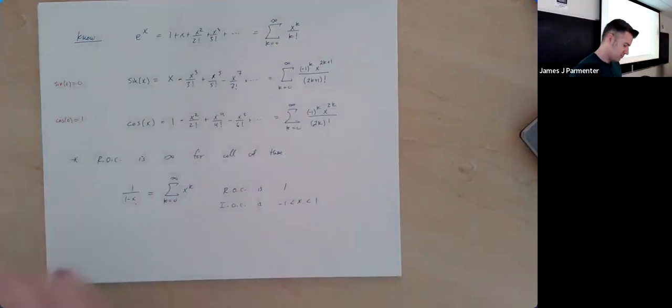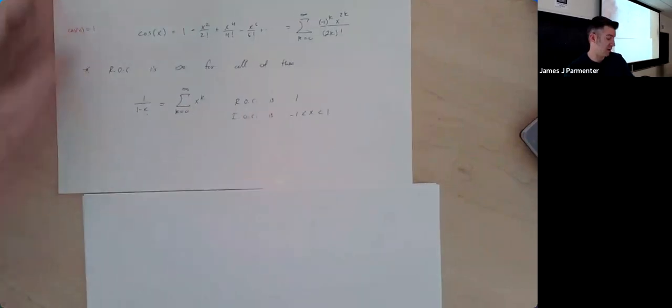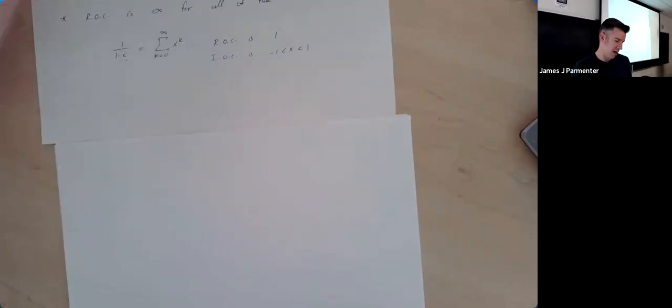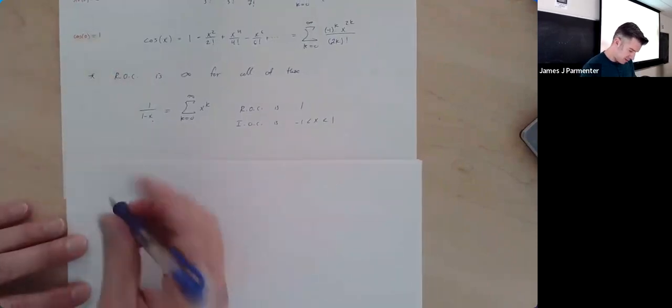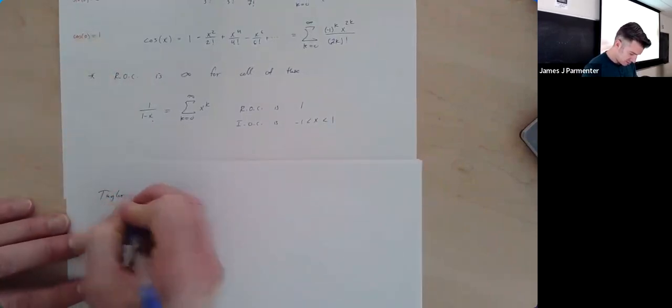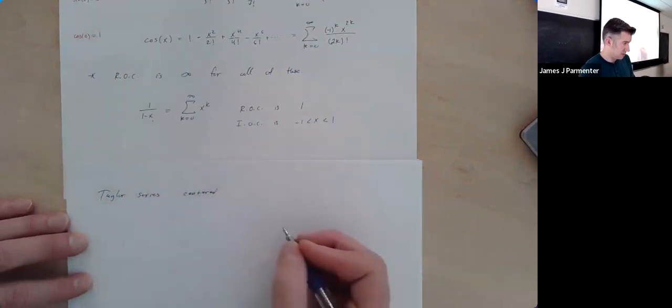So why do we care about these? Well, first of all, they come up a lot. But then we can use them to write other functions. People do some really weird stuff. Someone might say: find the Taylor series centered at 0. 0 is often the choice because it's easy.